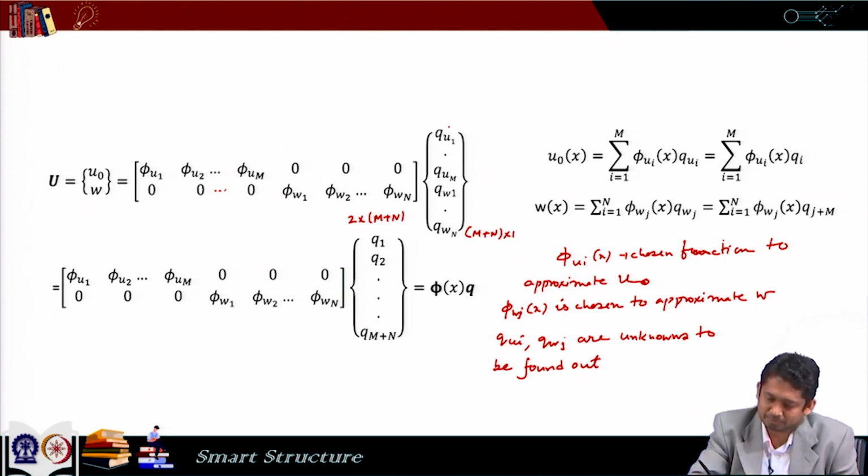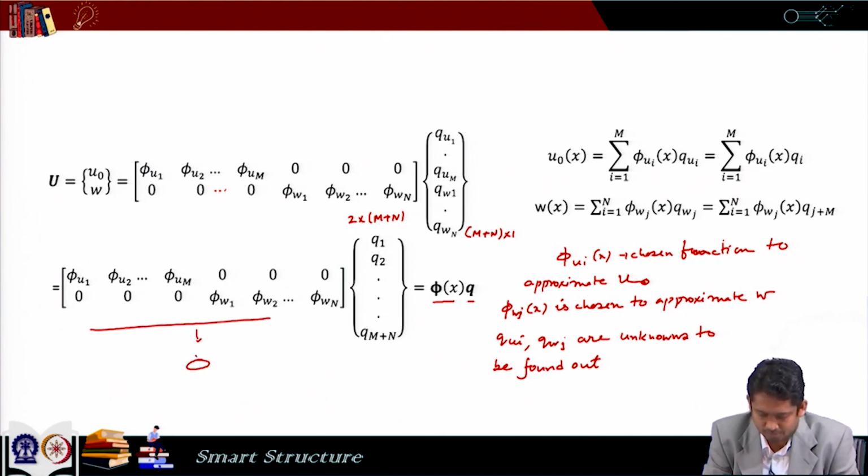Now, we can call this entire vector as one q vector with size m plus n. So, within this q vector, the first m number of q's are q u's and rest of the n number of q's are q w's, and it is multiplied with the same thing. So, in a compact way we can call this as phi matrix multiplied by q matrix. So, this is our phi matrix and this is our q vector.